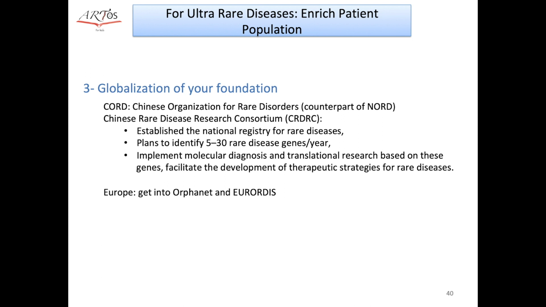They have funds for establishing the National Registry for Rare Disease, and they plan to identify 5 to 30 rare disease genes per year, implement molecular diagnosis and translational research based on these genes, and facilitate the development of therapeutic strategies for rare diseases. In Europe, you can get into Orphanet or Eurordis to create affiliates of your foundations or get in contact with European Association in the expanding field.